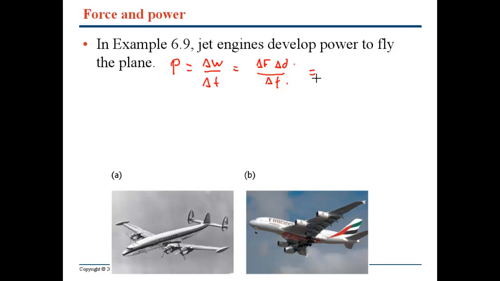So if you follow the steps in the book, you can convince yourself that the power is related to the force and the velocity, written specifically for the force being parallel and in the same direction as the velocity. A more general equation for power would be the dot product of the force and the velocity.